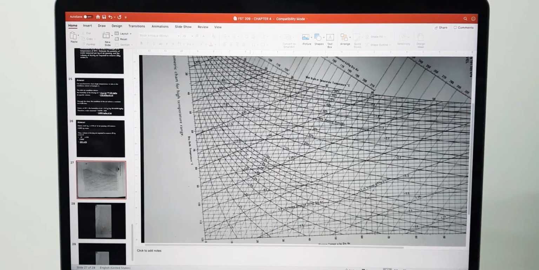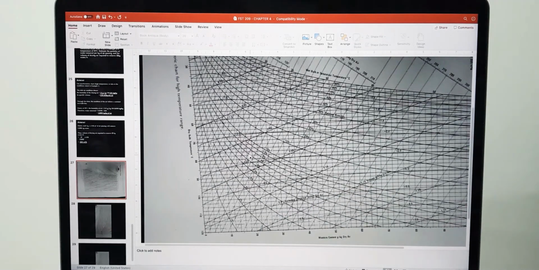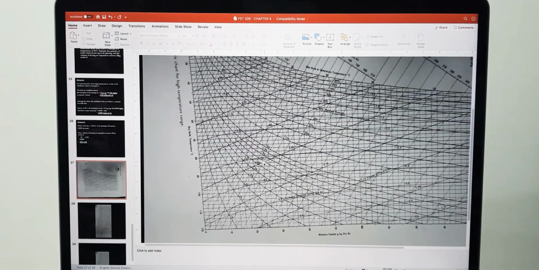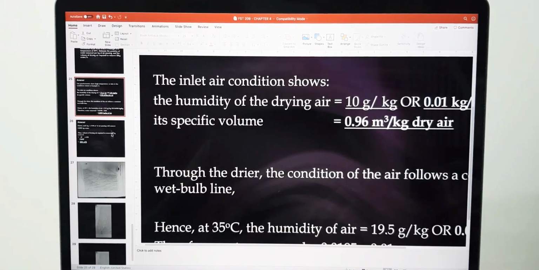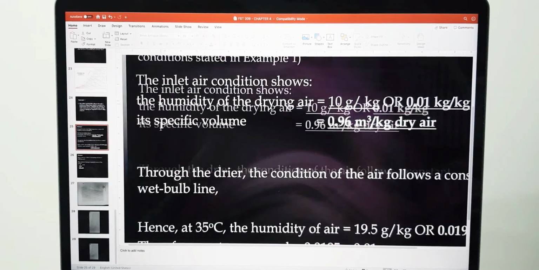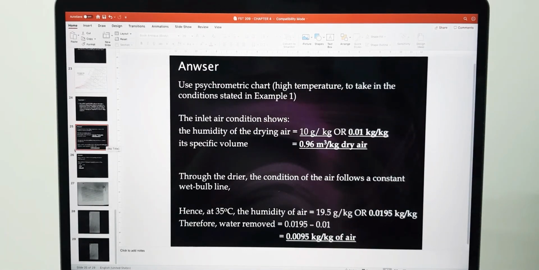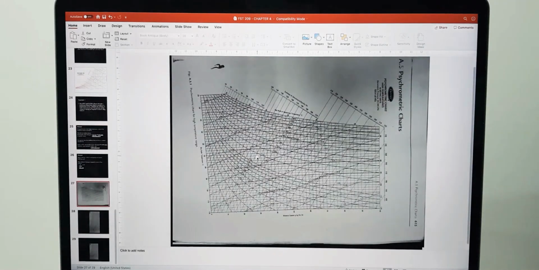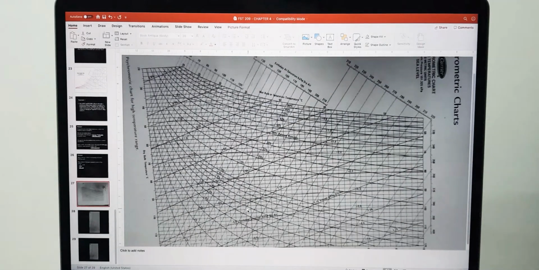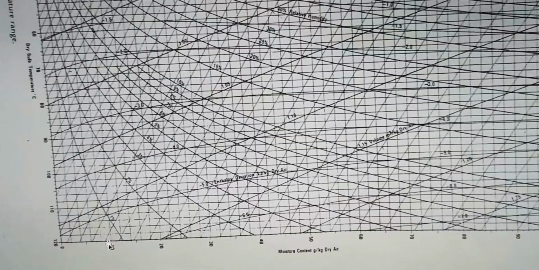You can see that it does not fall directly on the line of 20 gram per kilogram of dry air. Actually it is next to the value of 20. So how do you find this value?